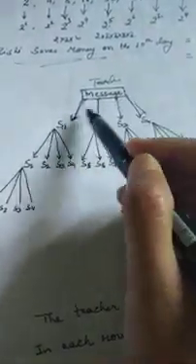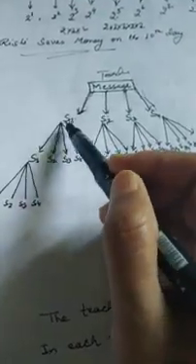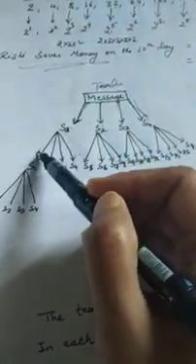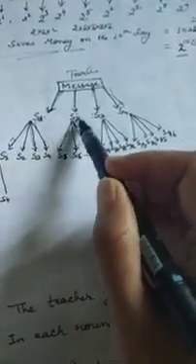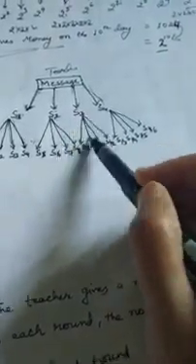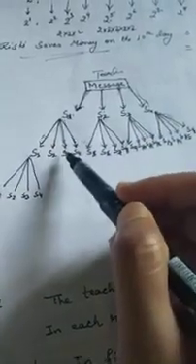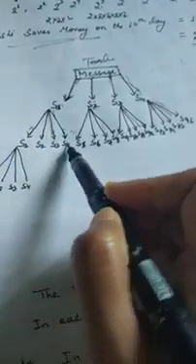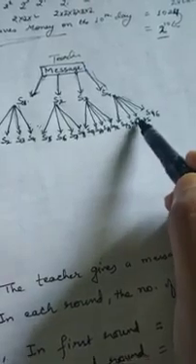This is the first round, and in the second round each of the 4 students will give the message to other 4 students. Suppose student number 1 has given the message to 4 students, 1, 2, 3, 4, and he has also given to 4 students, 1, 2, 3, 4, and also 1, 2, 3, 4, and again 1, 2, 3, 4. So total number of students in the second round, how many students will get the message? Let us count: 1, 2, 3, 4, 5, 6, 7, 8, 9, 10, 11, 12, 13, 14, 15, 16.